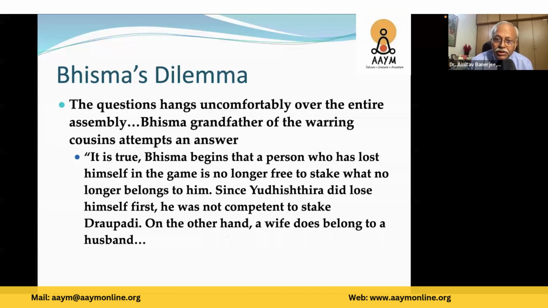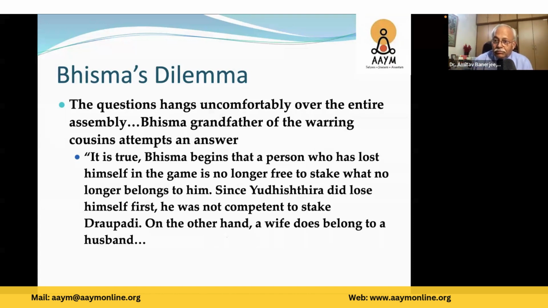It is true, Bhishma begins, that a person who has lost himself in the game is no longer free to stake what belongs to him. Since Yudhishthira did lose himself first, he was not competent to stake Draupadi. On the other hand, a wife does belong to the husband. So again, there is a conflict: a person who has lost himself cannot decide for others.